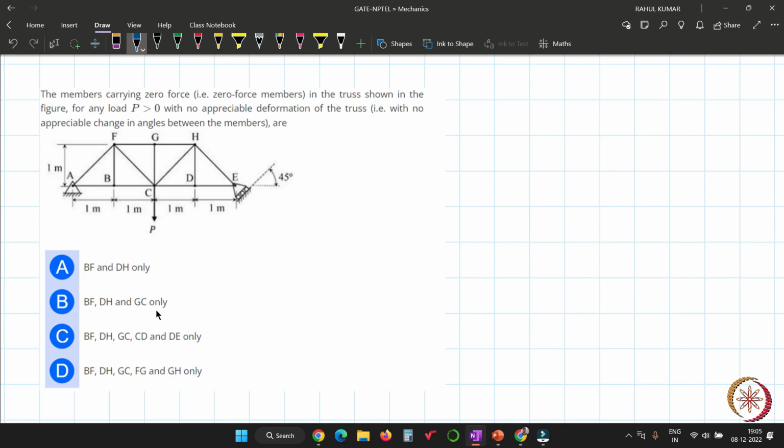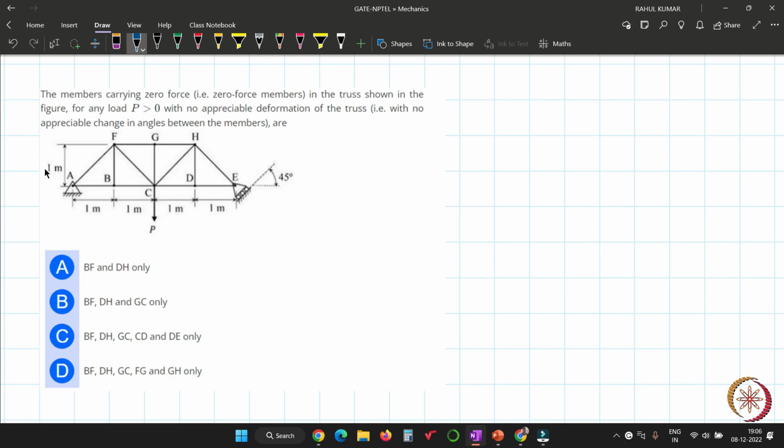One thing can be said clearly. Without touching my pen, one thing can be said: these forces will definitely be zero. Those are BF, GC, and DH.